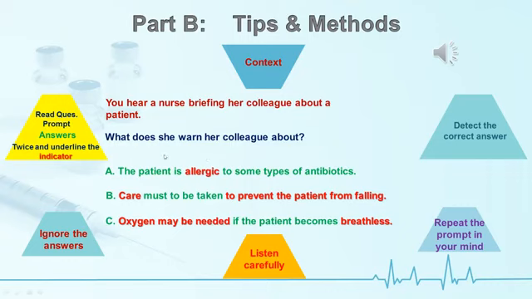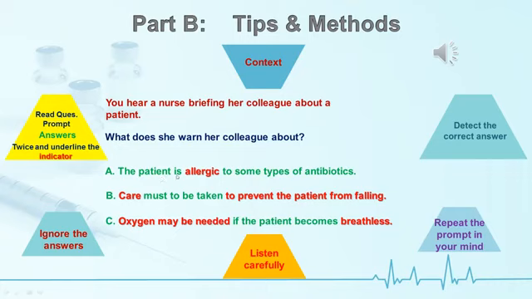Okay, this nurse told her colleague that the patient is not allergic, and she's at high risk of falling because of dizziness, and she didn't give any information or mention that oxygen may be needed.